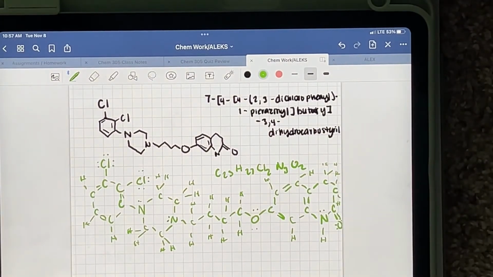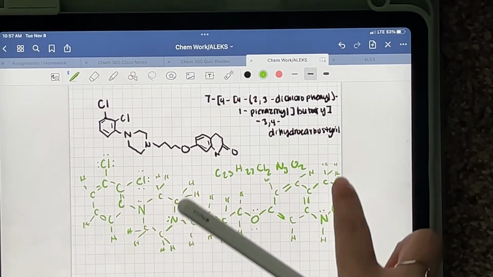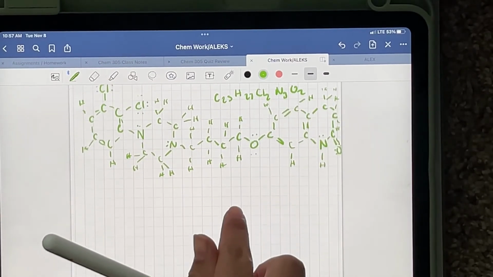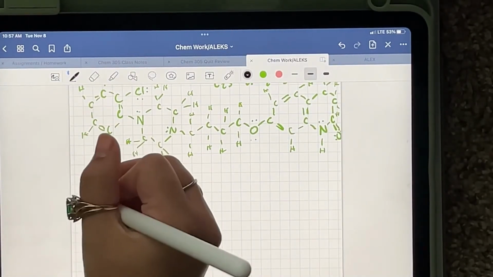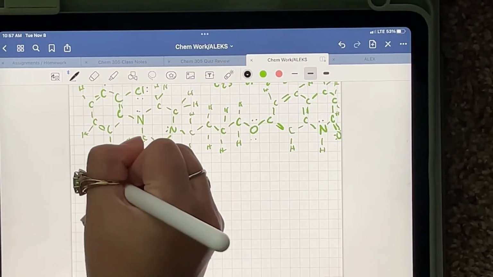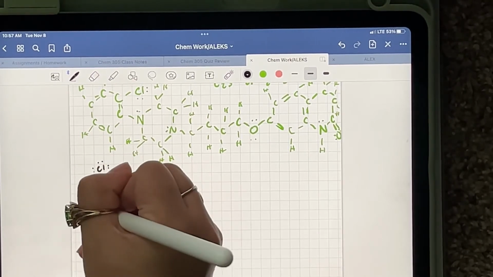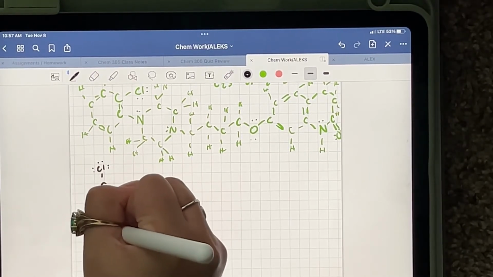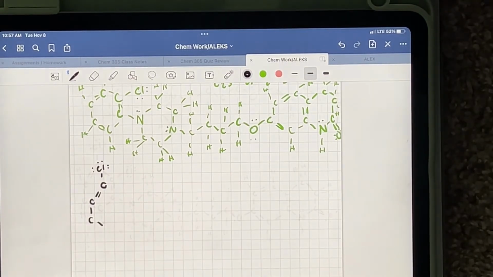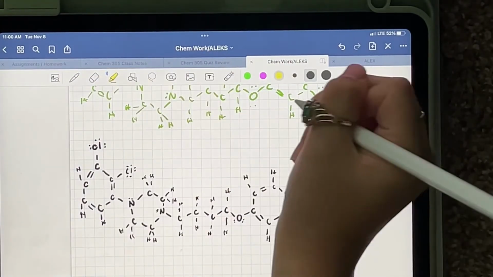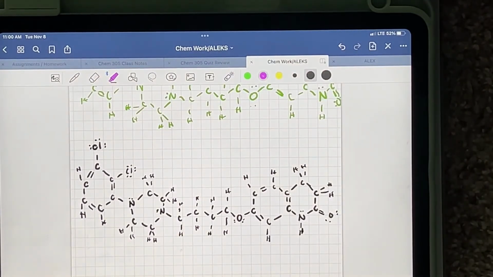So yeah, if we make it a little bit neater, so I can show the VSEPR molecular geometry. Oh, just fix it up a little bit. A little bit more neat structure so I could show each one of the molecular geometry and list what kind of structure it is.